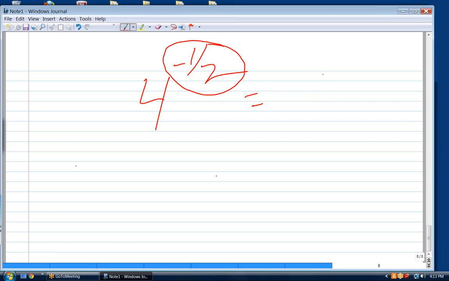Reciprocal. Yes. So this is the same thing as this. And then what is 4 to the 1/2? That's the square root of 4. What's the square root of 4? 2, so 1/2. Right. Tricky.